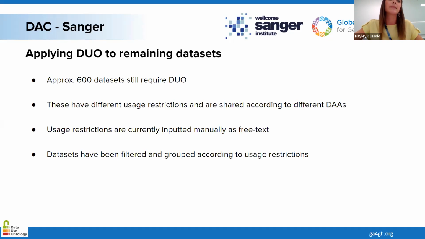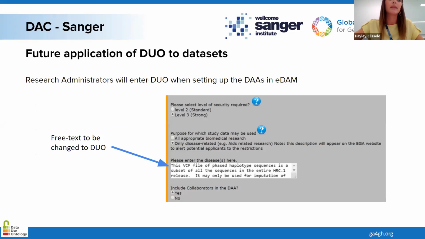To make this a little bit simpler, we've filtered and grouped the data sets according to any usage restrictions that they might have, and therefore we can apply DURI to them in smaller groups. But it's obviously really important that we apply the correct DURI terms to each data set, so we need to carefully review them before we go live.